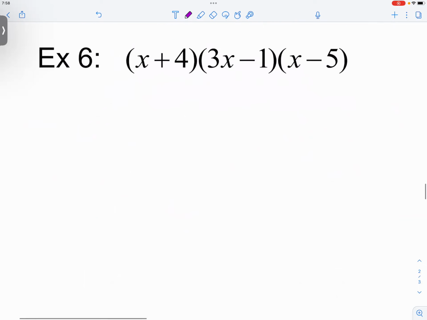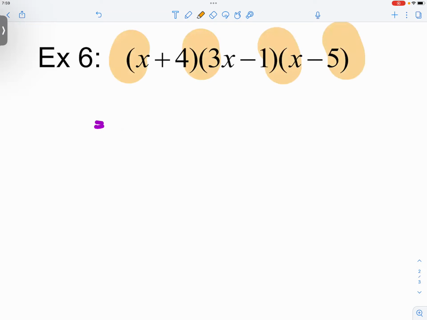All right, now let's take a look at this example here. Ooh, what do we do? Okay. Now, first, I hope that you're seeing that they are multiplying. Now, what is the signal that they are multiplying? There are two things you can look for. One, like what's suggested earlier, see the parentheses? They're right next to each other.